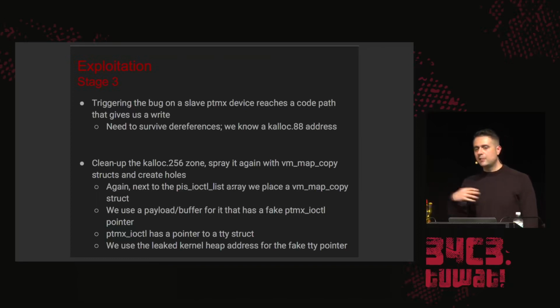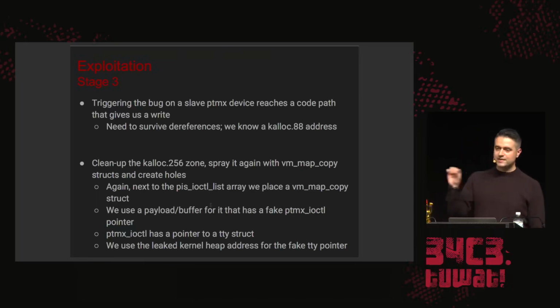So I clean up the calloc256 zone, and I spray it again with VMAP copy structs and create holes, exactly like the previous step, the first stage. Again, next to the IOCTL list array, I have a VMAP copy struct, but this time, in all the VMAP copy structs, I put a payload of this fake PTMX IOCTL address I have.